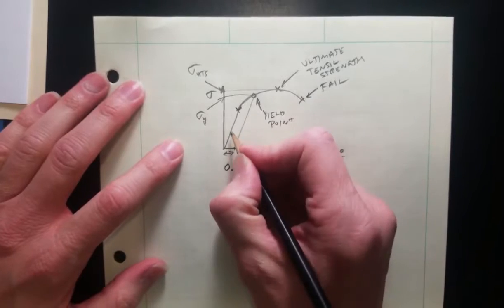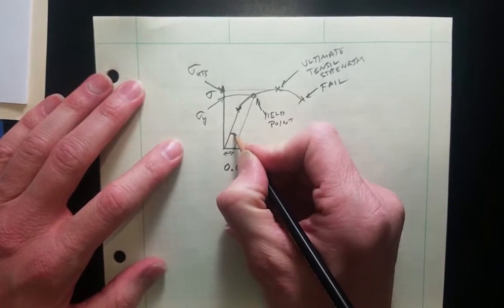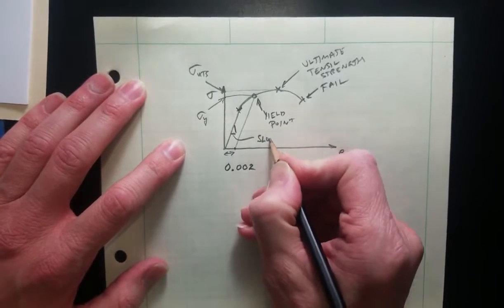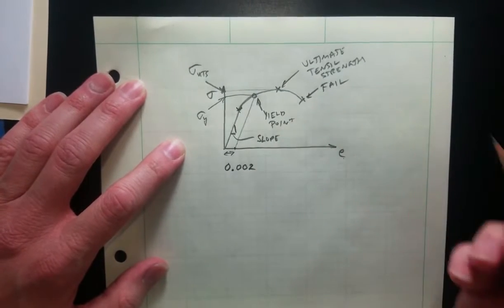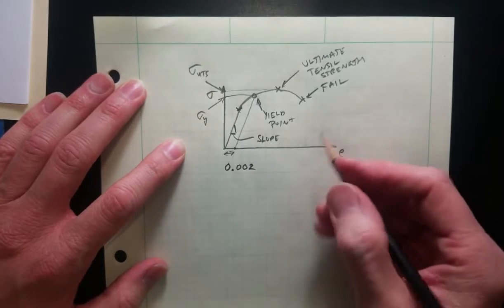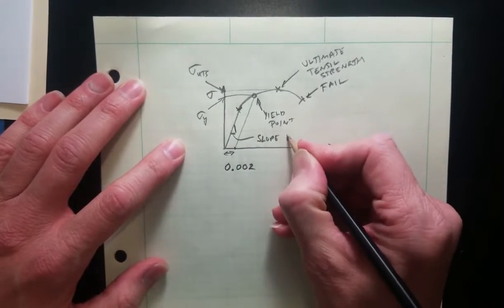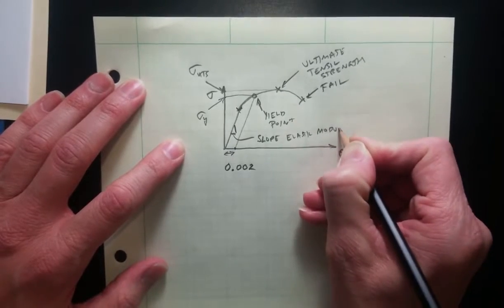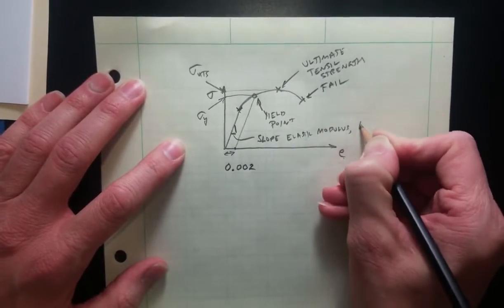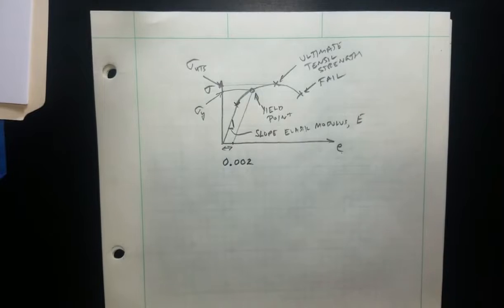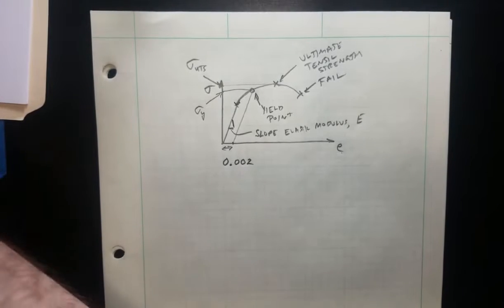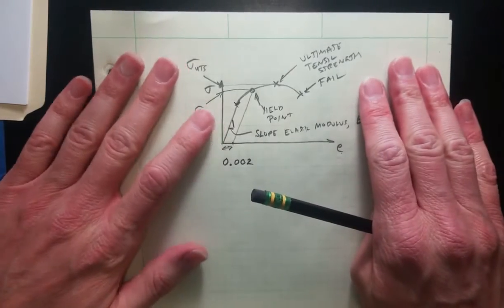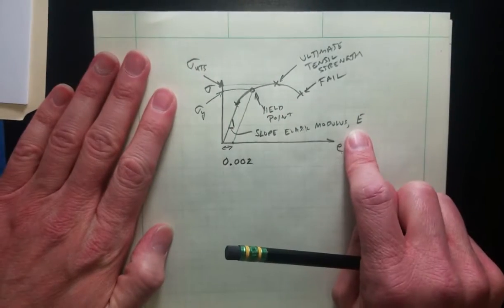And our slope in the elastic regime is the elastic modulus, or Young's modulus E. So that's one set of information that we can read from this diagram.